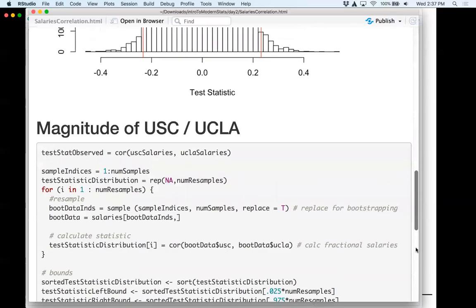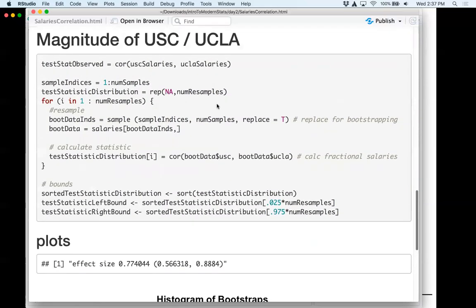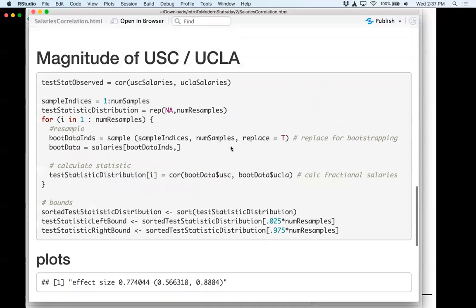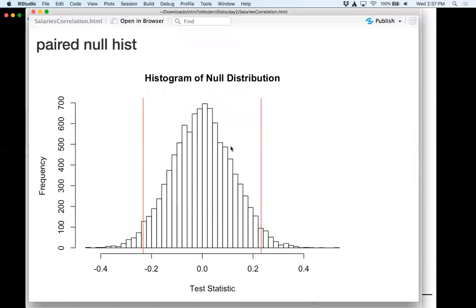And what's great about this, as we've seen with the code below, is now I would walk away with this and say there was a significant difference in salaries as measured by correlation coefficient between USC and UCLA.